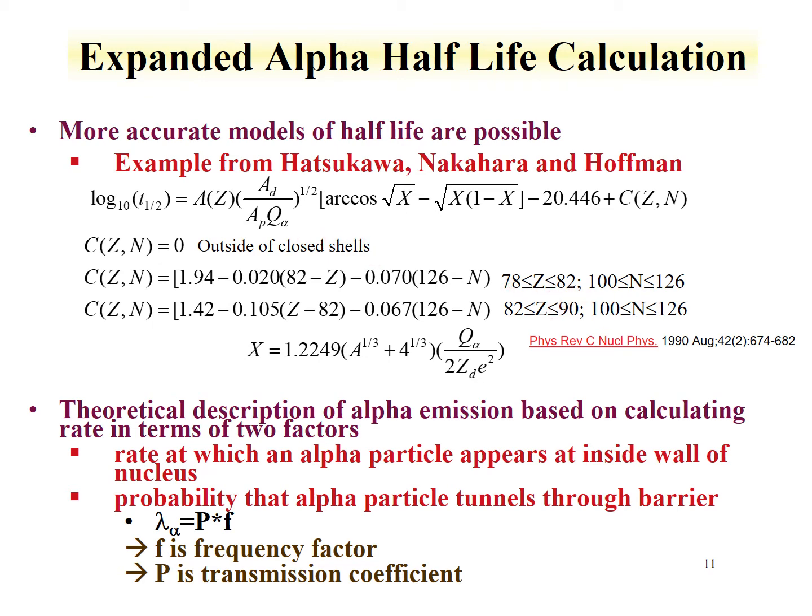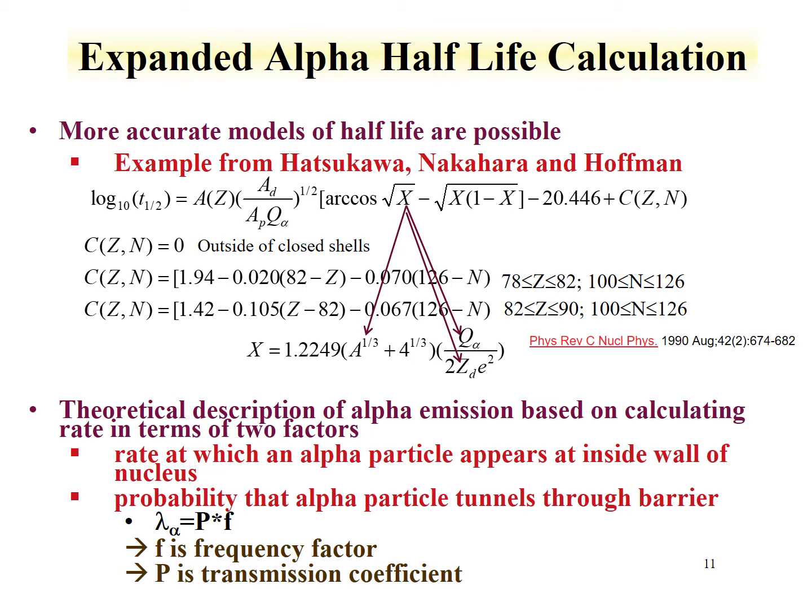But one thing about this model is that there are relationships between the daughter A, the Q value of the alpha, and the A of the daughter. So they're pretty straightforward relationships that are also reflected in the Geiger-Nuttall law.